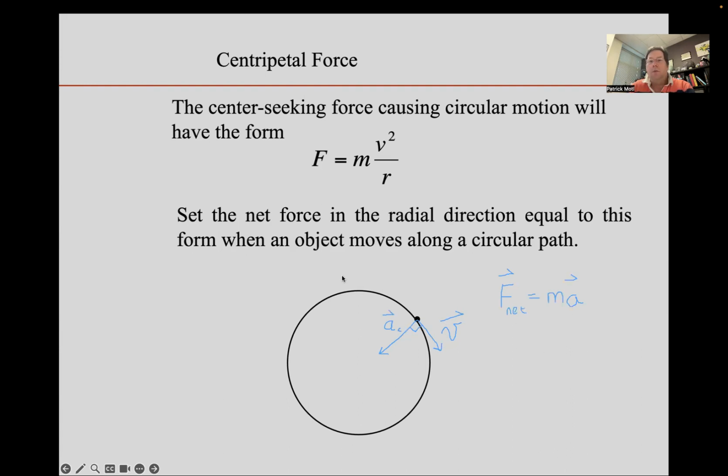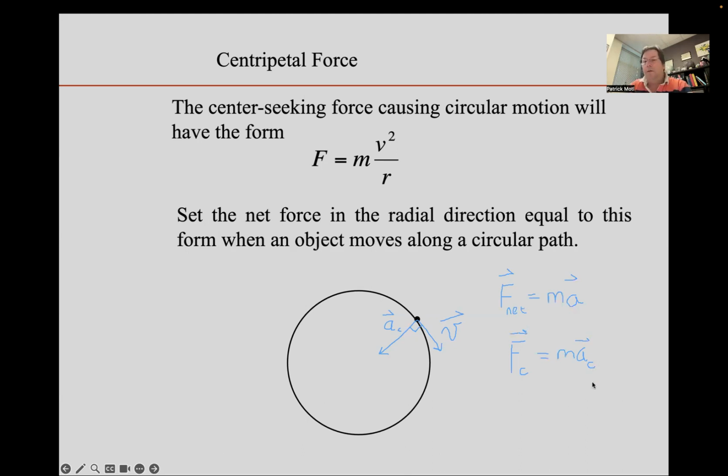Now, we're just putting this into the special case that this net force we add up into something. And for circular motion, not speeding up, not slowing down, that net force is equal to the centripetal force, the inertia of the object times the acceleration, which is the centripetal acceleration if it's just moving in a circle.